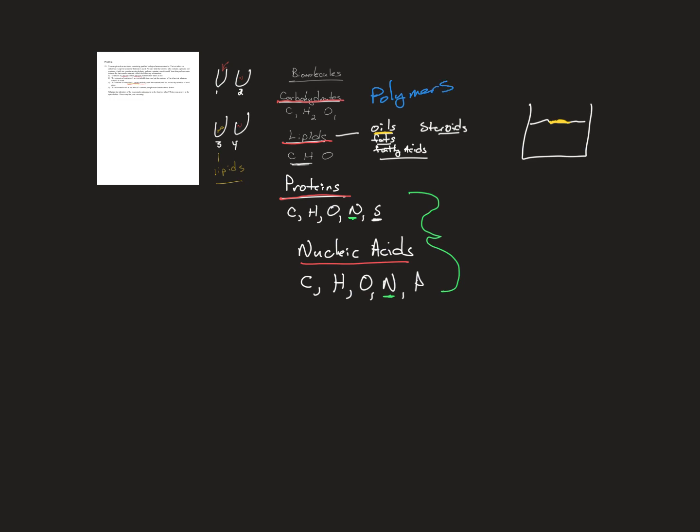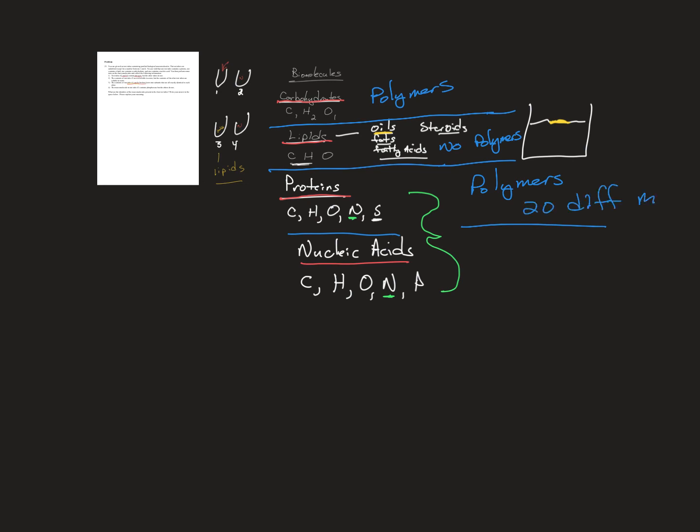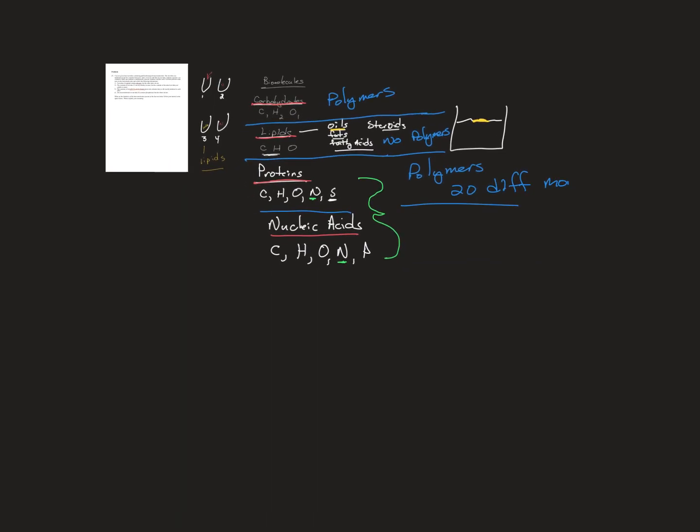We know lipids do not form polymers. There are no monomers you can break them down into. Proteins are polymers and have monomers, but there are 20 different monomers, so they're not identical.